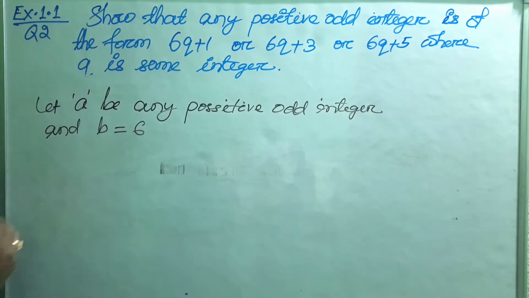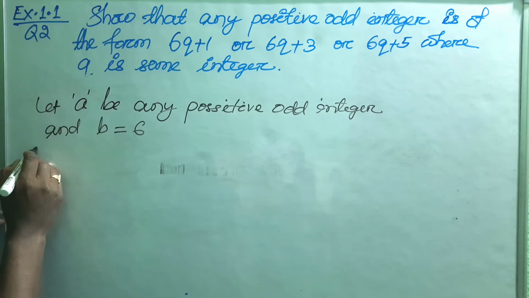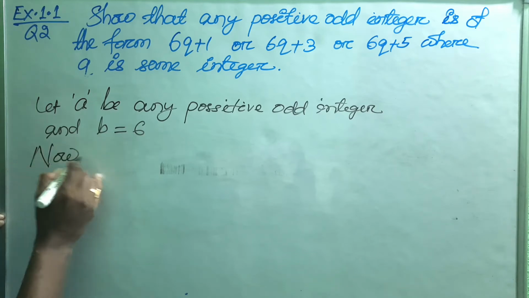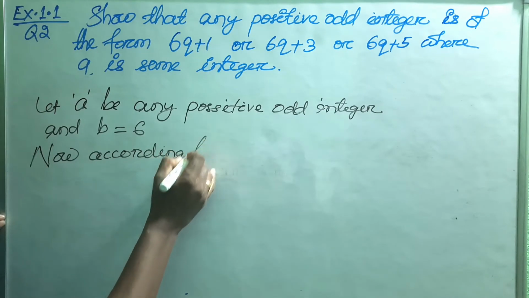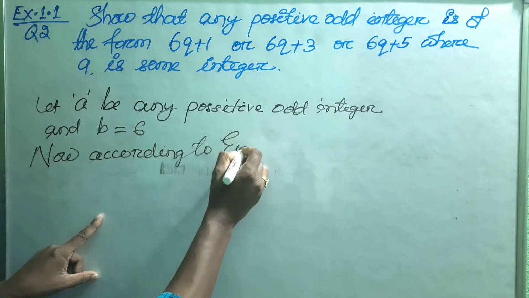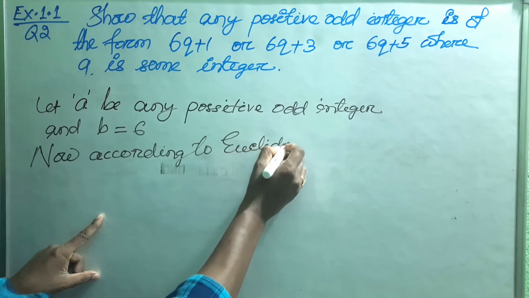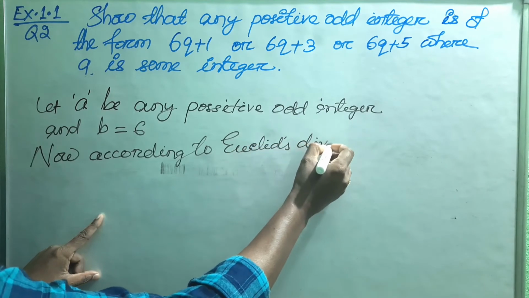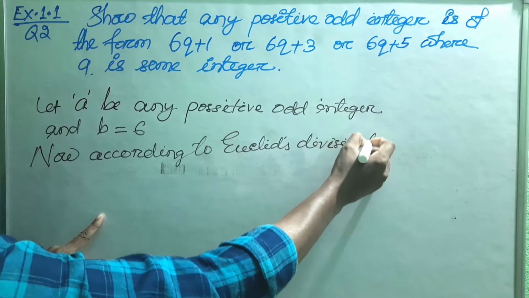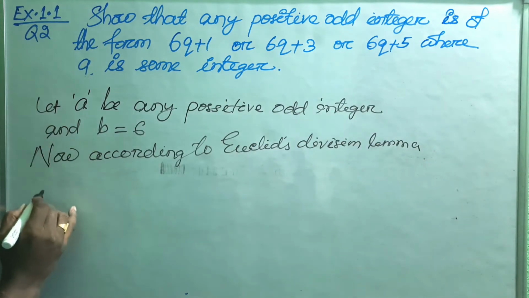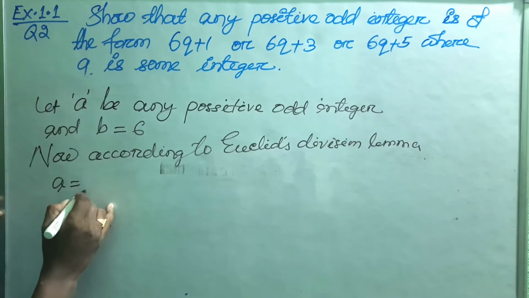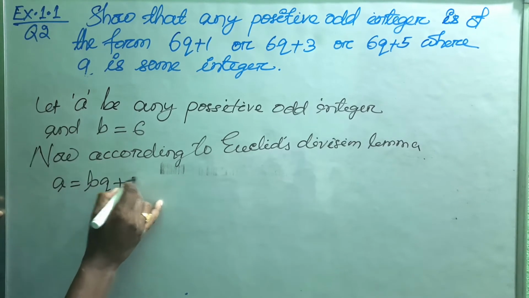Now according to Euclid's division lemma, a is equal to bq plus r.